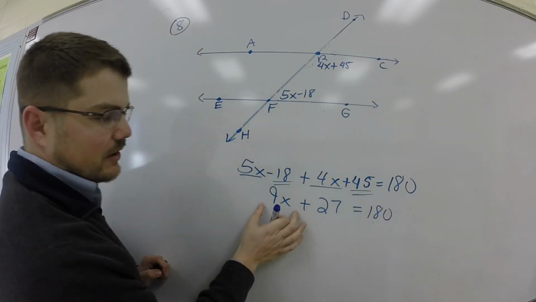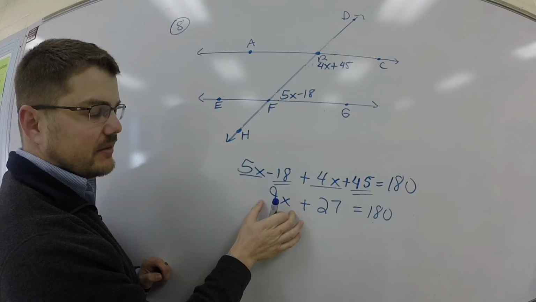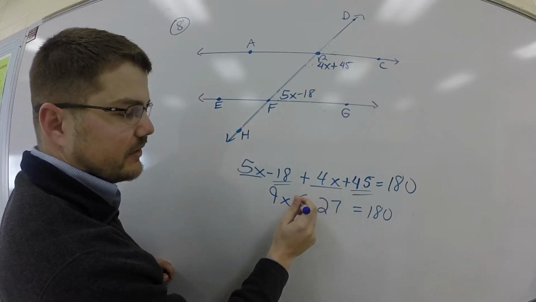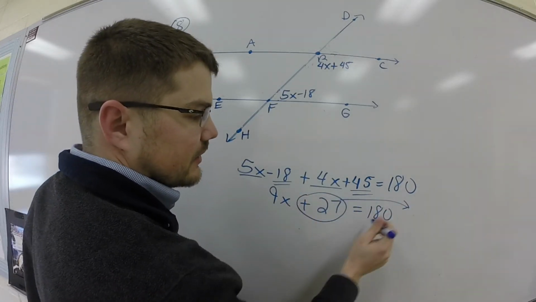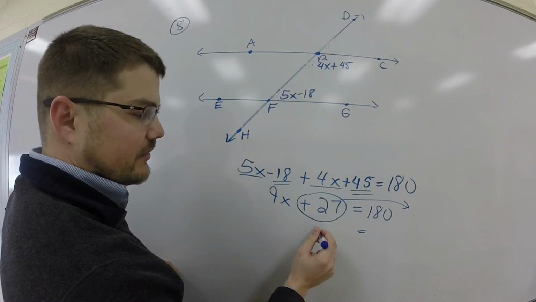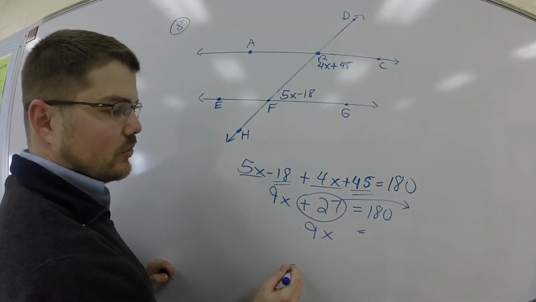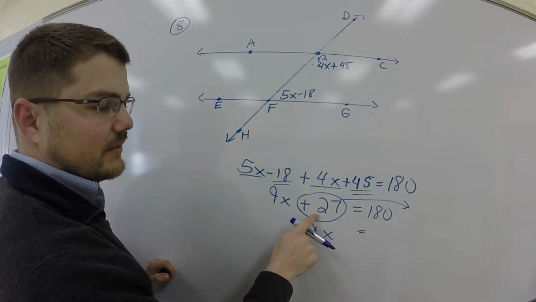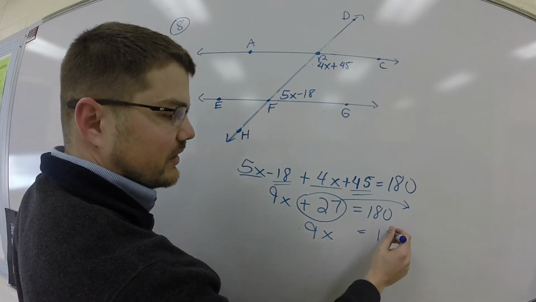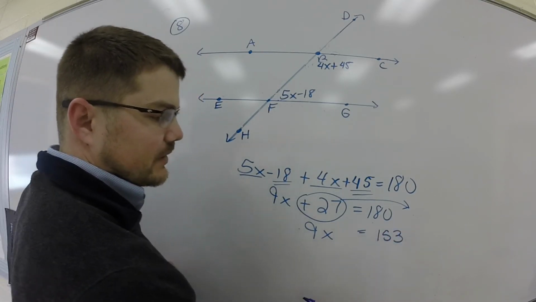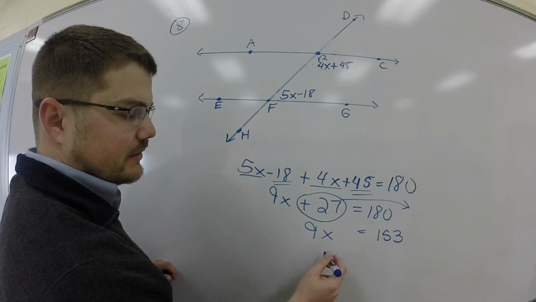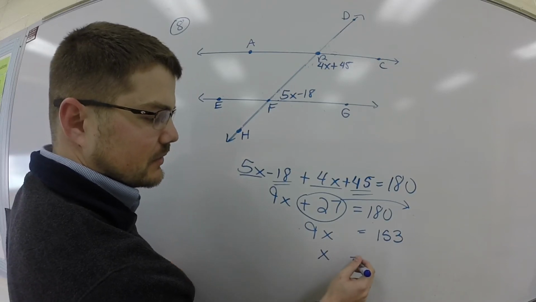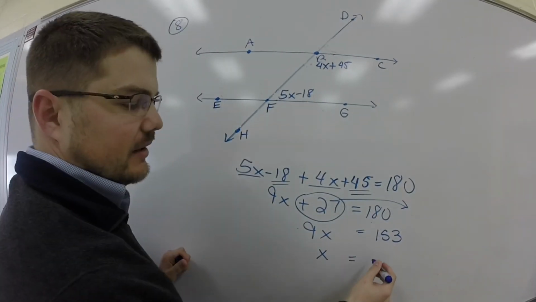Alright, our x variable is positive. Let's leave it here and let's chunk over the 27. So I have 9x equals 180 minus the 27 gives me 153. Alright, let's divide both sides by 9. See what we get. X equals 17.